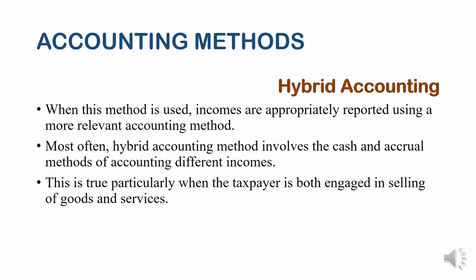For example, if the taxpayer is engaged in selling of goods in which collection is made within 1 year, then that would be accrual basis. But if he sells goods or properties where the collection period exceeds more than a year, then installment reporting would be more appropriate.